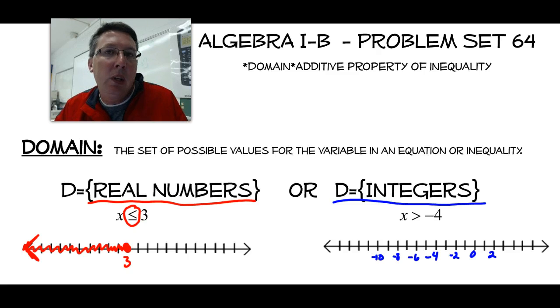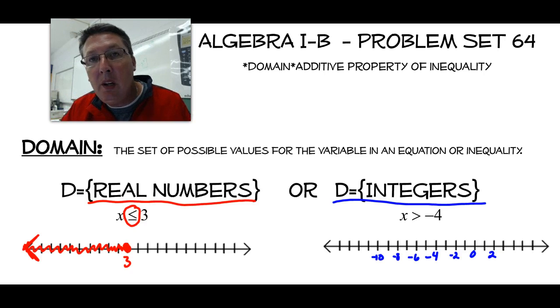When it's integers, we're not going to put an open circle. Instead, I want to know the first integer greater than -4, and that's the first one that's going to get a dot. Remember, integers, we dot our i's. So the first integer greater than -4 would be -3, which is right here. So at -3, I'm going to put a dot.